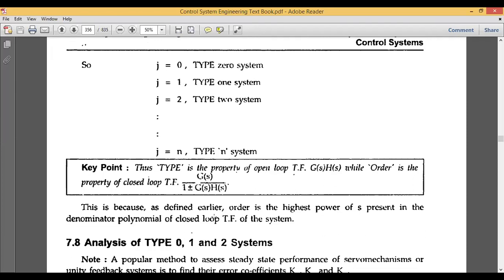That is why it is required to define the type of system. So basically, in control systems, we will come across type 0, type 1, and type 2 systems. In the next class, we will see how these type 0, 1 and 2 systems can be analyzed for the various values of K and the various values of Ka, Kp and Kv respectively.